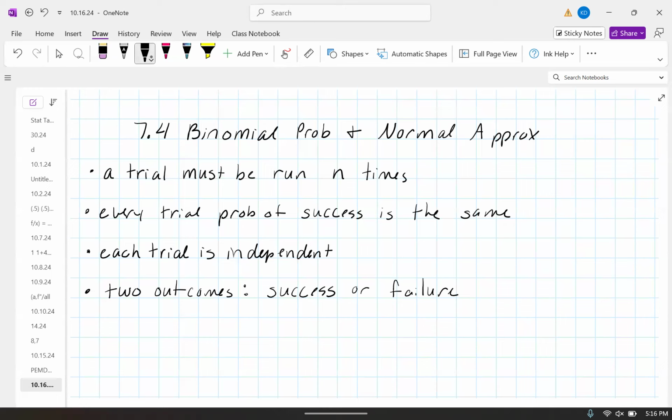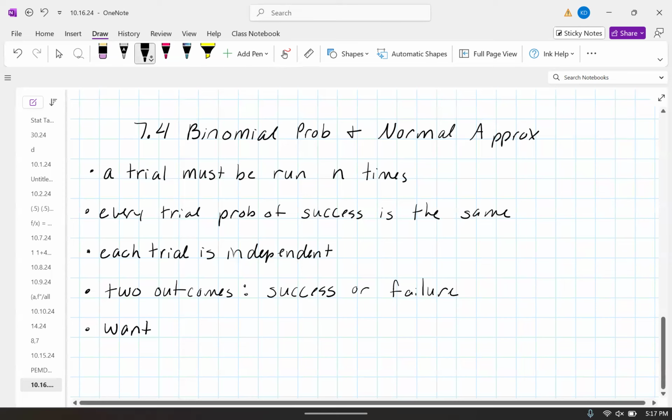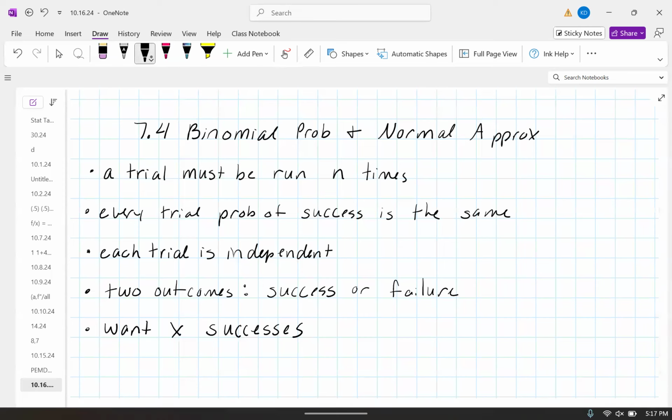So we can define that special so it works out like we need it to for this. We want X successes. So we have to fit these criteria to use binomial probability. And I think it's kind of neat when it works out very nice.